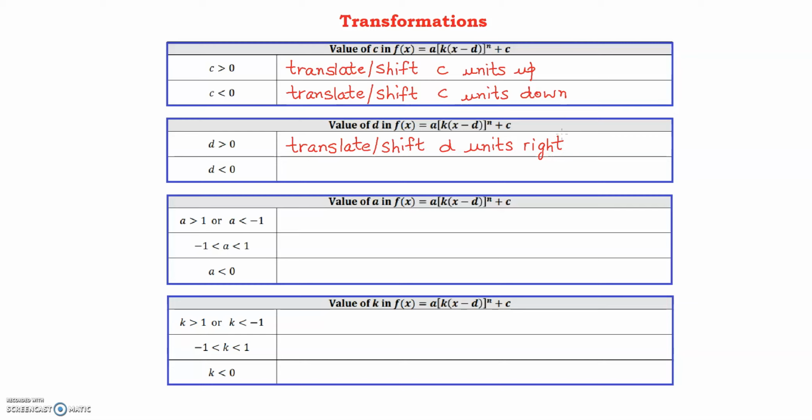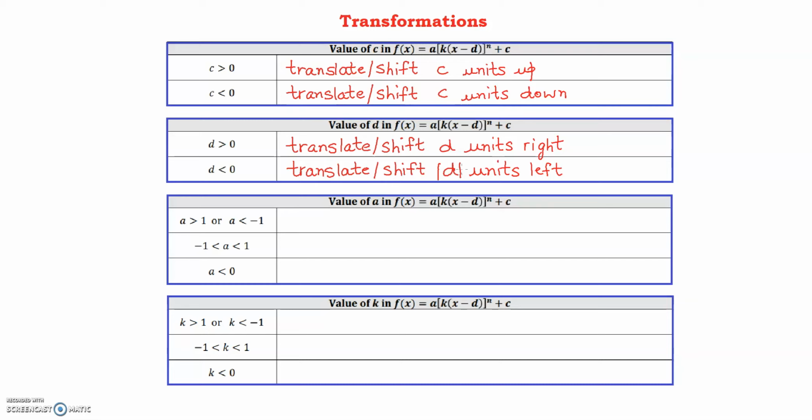When d is less than 0, we can write translate or shift d units left. So d is less than 0, that means the value is negative. We can take the absolute value of it. So let's say if d is negative 3, we can say translate 3 units left instead of saying minus 3 units left.